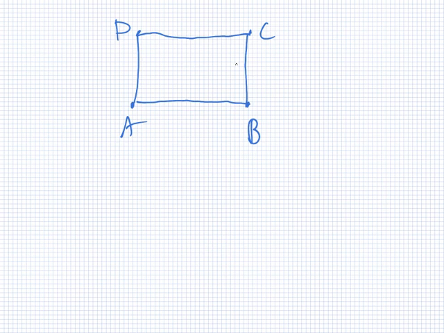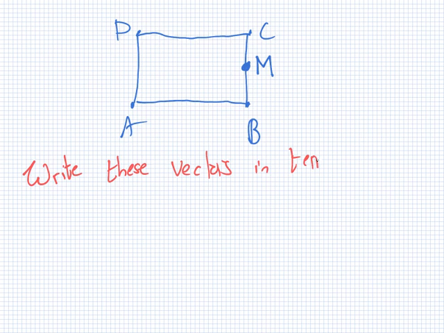Let's put a point here in the middle. I'll call this point here M. Okay, so let's see. My question is, write these vectors in terms of AB and AD.